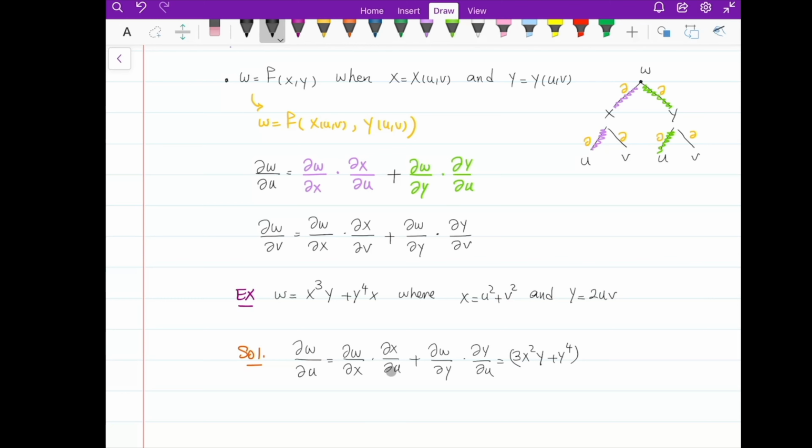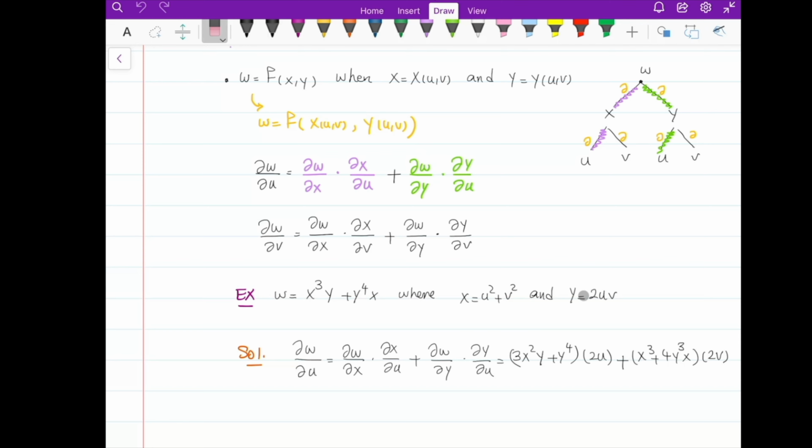Partial of x with respect to u is just 2u, plus partial of w with respect to y, it's x cubed plus 4y cubed x. Partial of y with respect to u would be 2v.